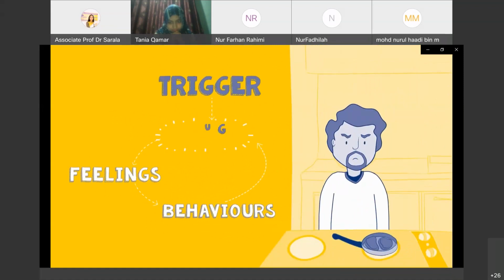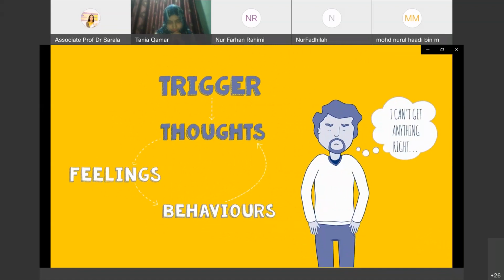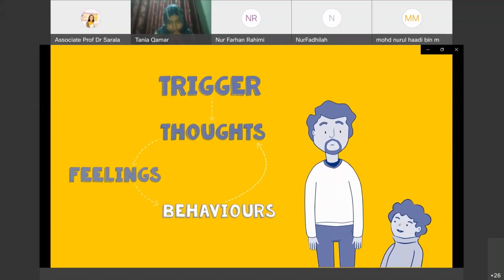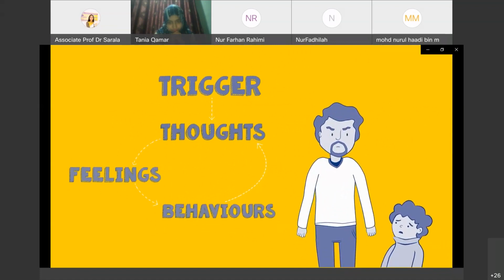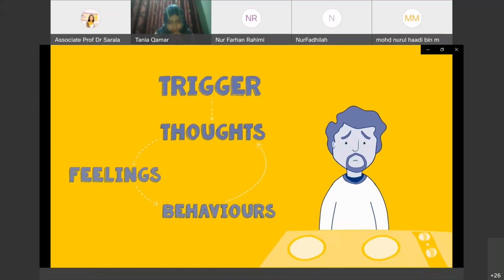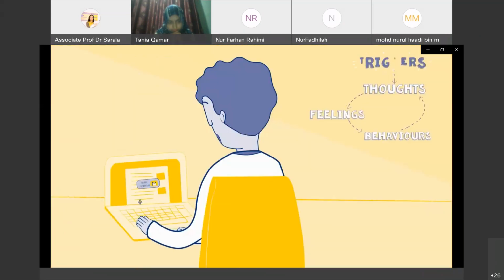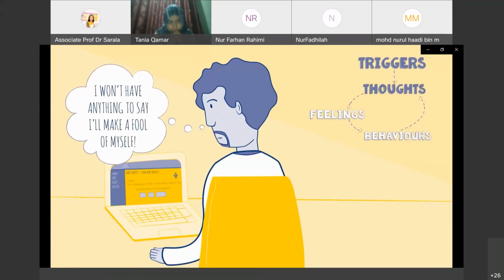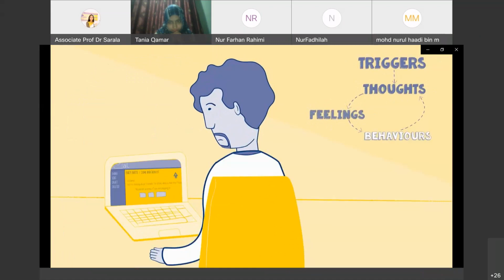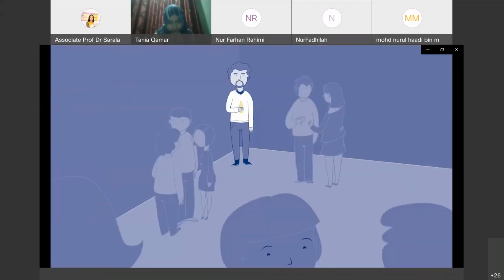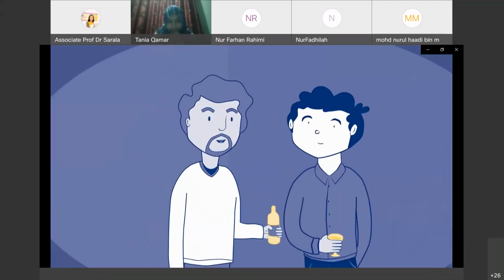This might make you think bad things, and it might make you feel worthless and inadequate, which could lead you to do things like withdrawing, snapping at your family, or trying to avoid things which you think might go wrong. Or perhaps you've been invited out for drinks with some friends, and you start thinking negative things. This might make you feel anxious and scared, which might make you do something like saying no to the invite, avoiding your friends completely, or using drink and drugs to cope with the situation.